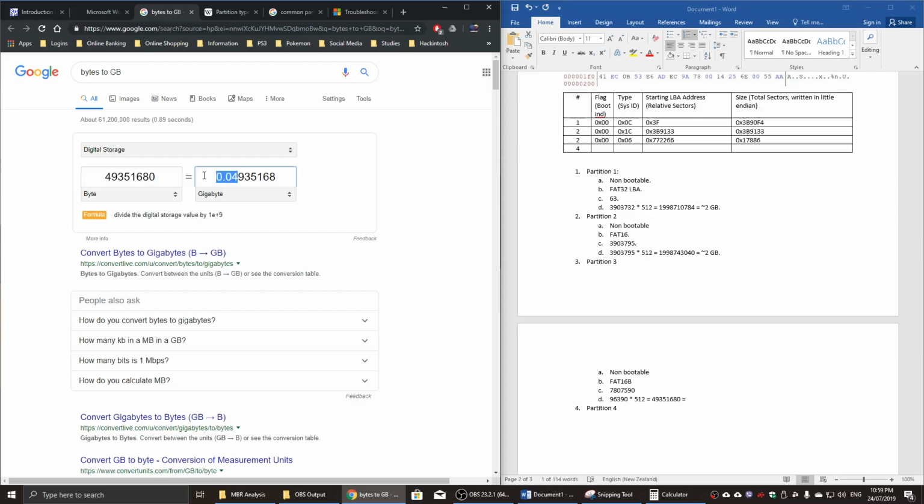Which is roughly 0.05 of a gigabyte. Cool. And partition 4 now.